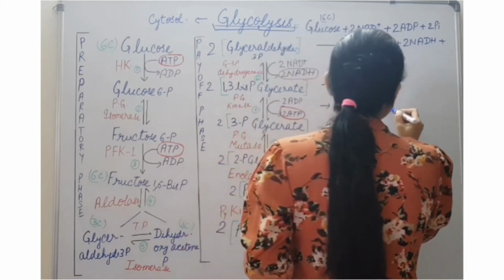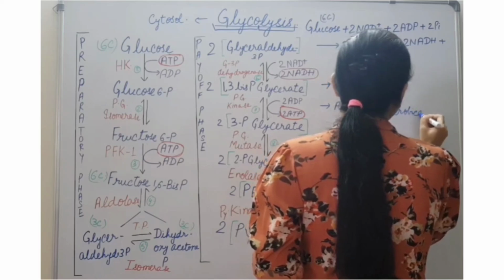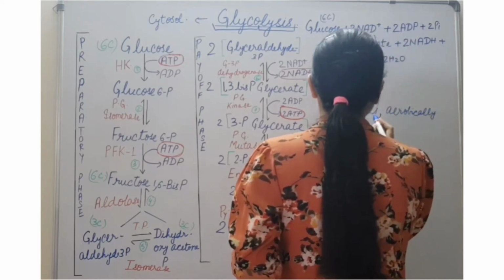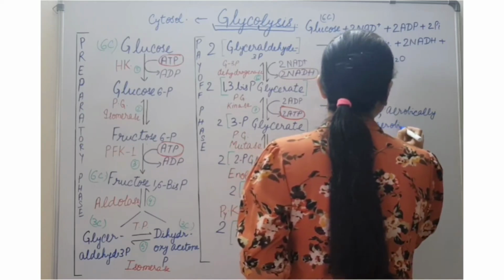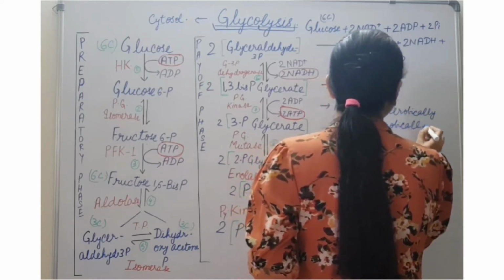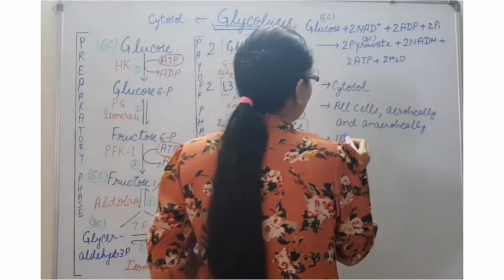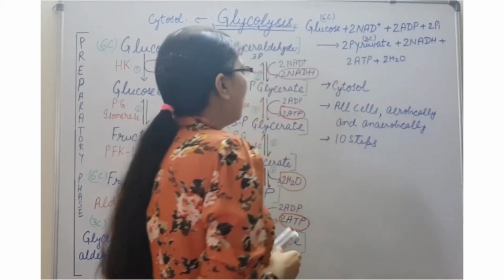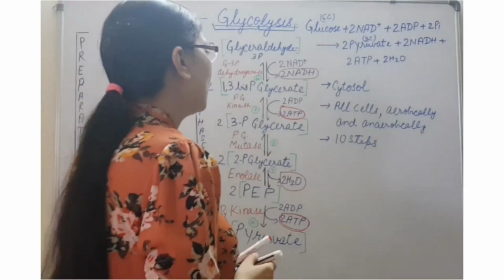It is a unique process that occurs both aerobically and anaerobically. There are 10 steps in glycolysis. 5 steps are known as the preparatory phase and the next 5 steps are known as the payoff phase.